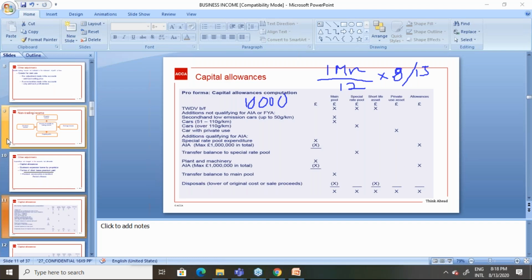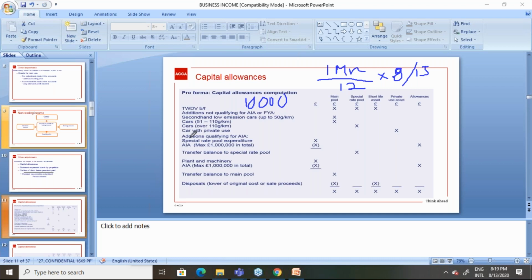Okay, and then if you take a situation like this, you have claimed annual investment allowance on energy saving plant and machinery, you can claim first year allowance. What about the other plant and machinery on which you cannot claim AIA or FIA?